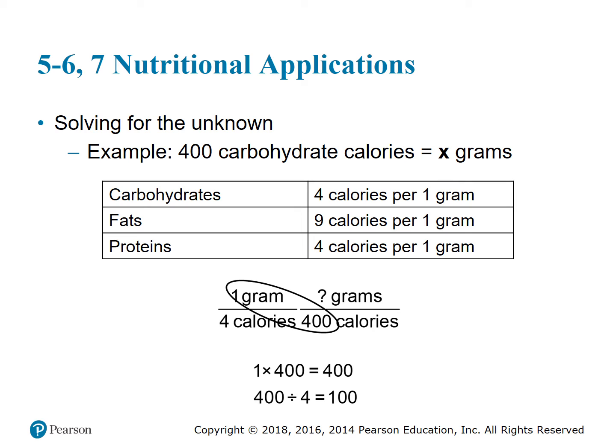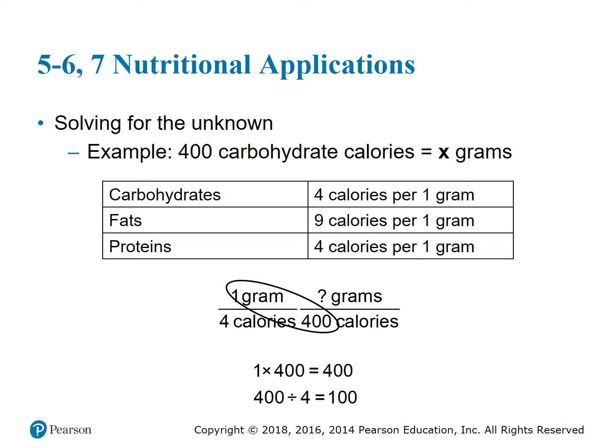Okay, so once you set that up, then you can plug in on the left side the information that you know. What do we know about carbohydrates? We know that 1 gram of carbohydrates equals 4 calories, right? So we can set up the stuff we know on the left. And then the problem is asking us how many grams is 400 calories.